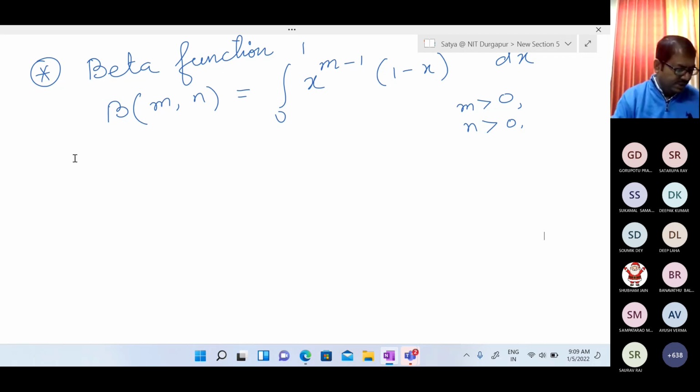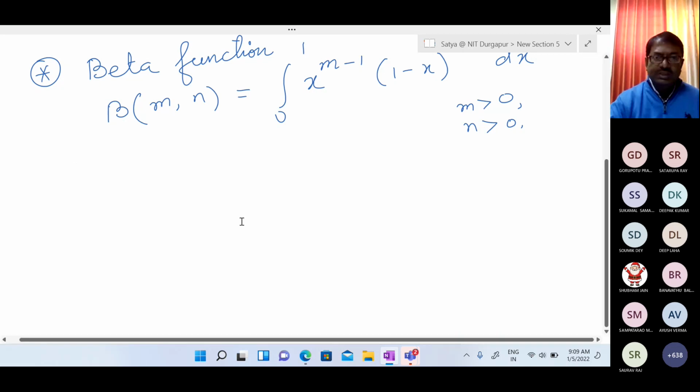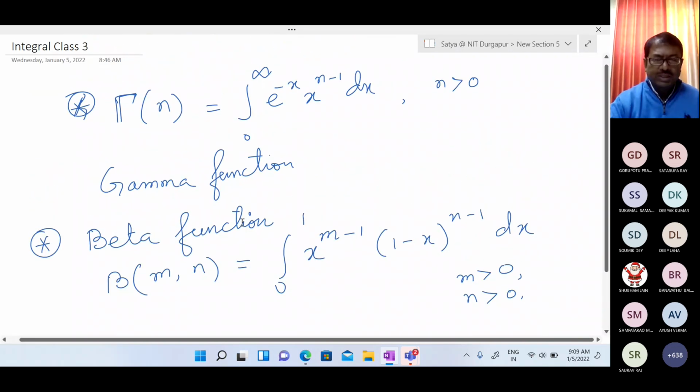So the first property: this is the definition of the gamma function. Suppose you don't know the method for a proof, you try to start from the definition. From here you try to prove another one.